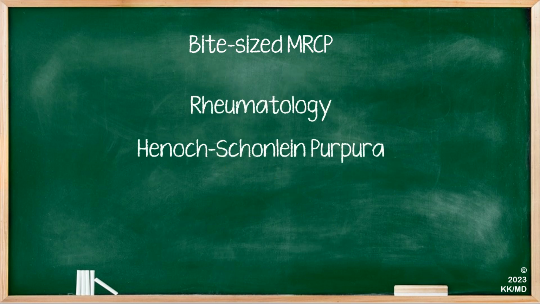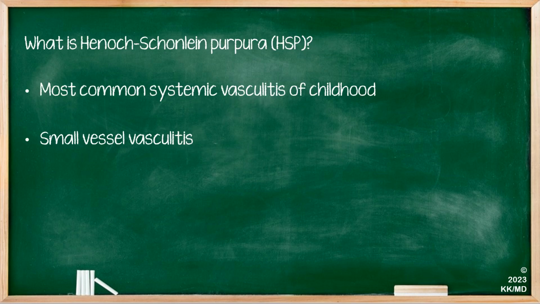Today's topic is Henoch-Schönlein Purpura, or HSP for short, under the section of Rheumatology. What is HSP? Well, it's the most common systemic vasculitis of childhood, and it's a type of small vessel vasculitis.